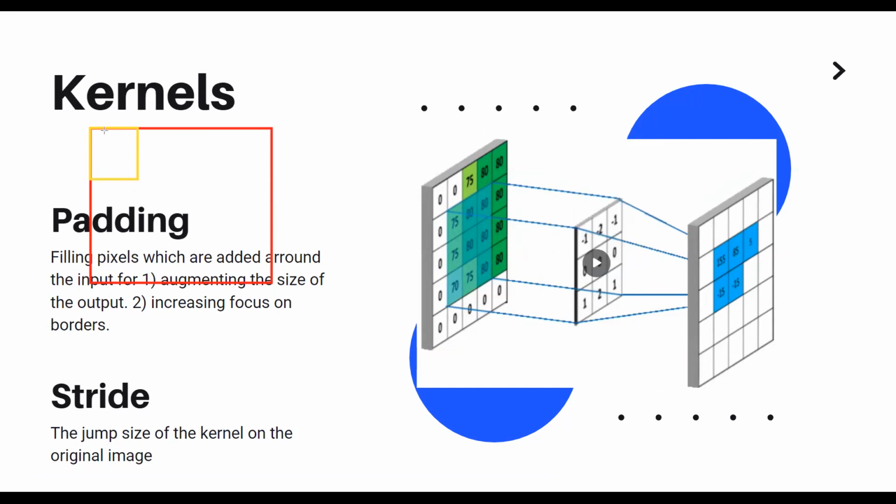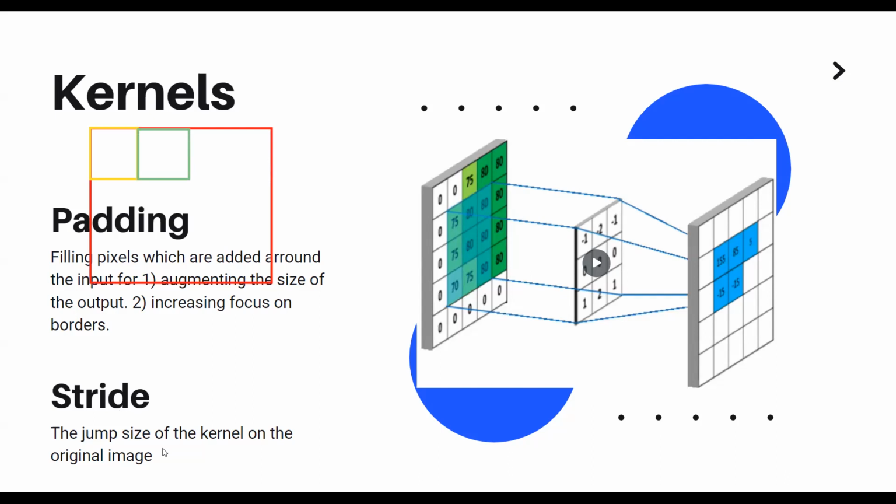If we're going to just move 1 pixel to the left, then we do this, right? But who said that we can only move 1 pixel, right? Why not move 2 pixels or move 3 pixels, right? So this is definitely in our capabilities. And this is what stride is.